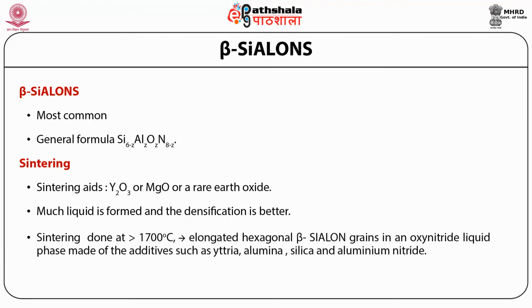On sintering above 1700 degrees Celsius, the elongated hexagonal beta sialone grains grow in an oxynitride liquid phase made up of additives such as yttria, alumina, silica and aluminium nitride. The liquid phase forms a high temperature glass on cooling.